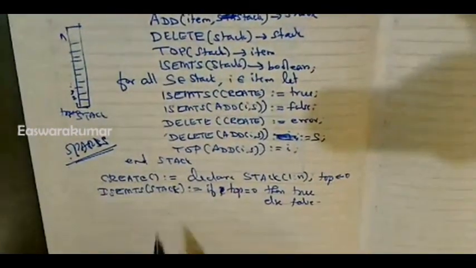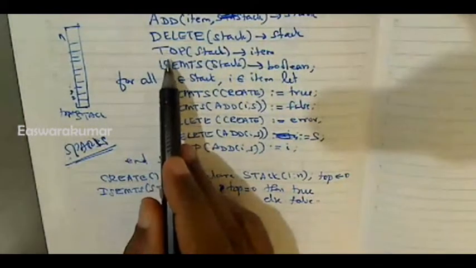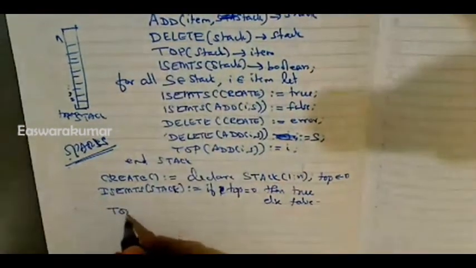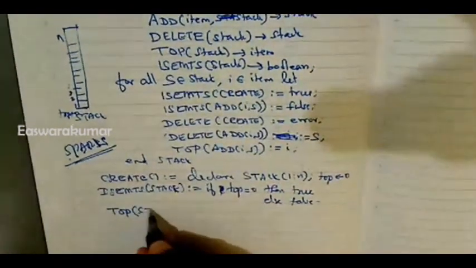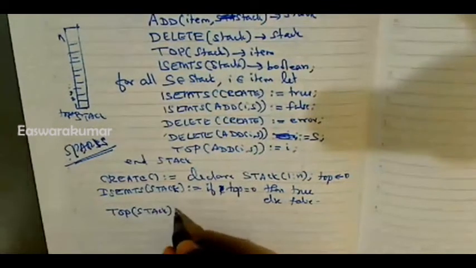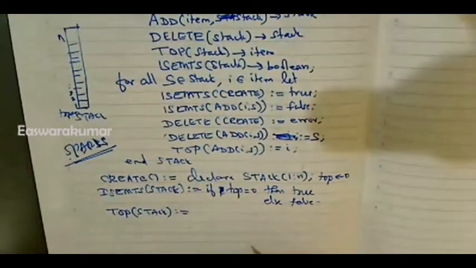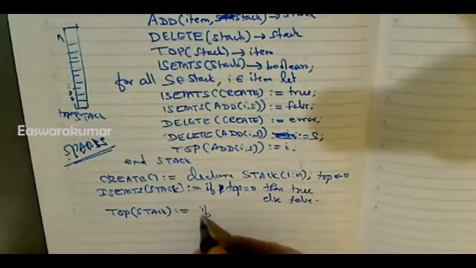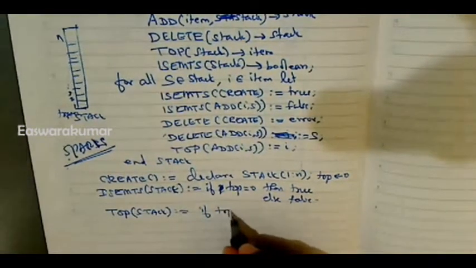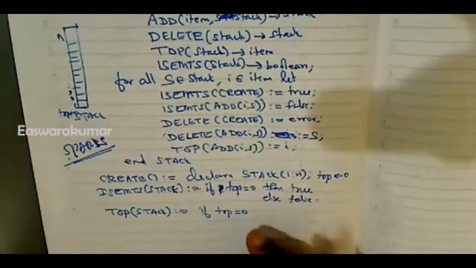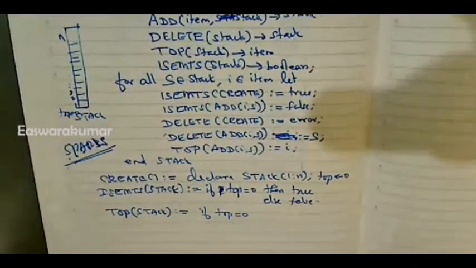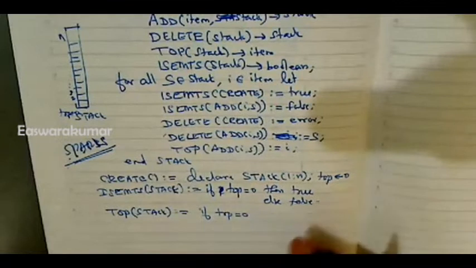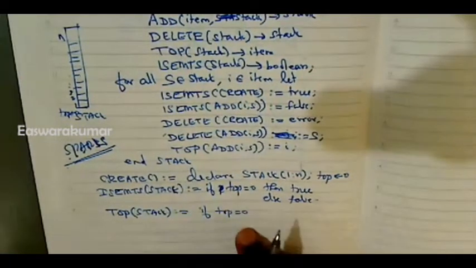Okay. Now the next function is top. So top of stack. How do we implement top of stack? First we have to check whether the stack is empty or not. If it is empty, then we cannot take the topmost element, right? For that checking, we are once again using the top pointer.